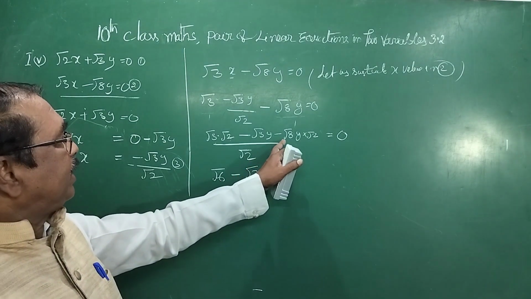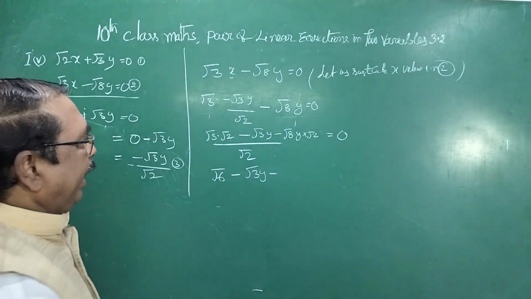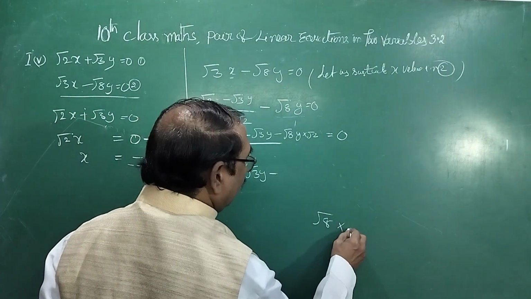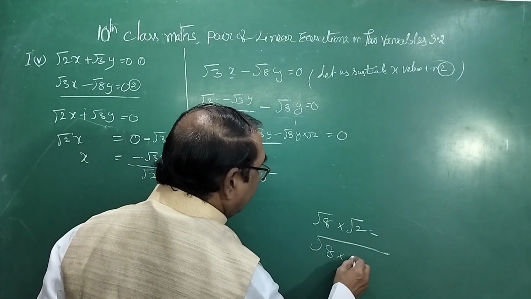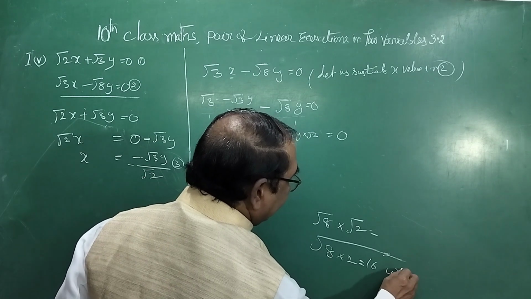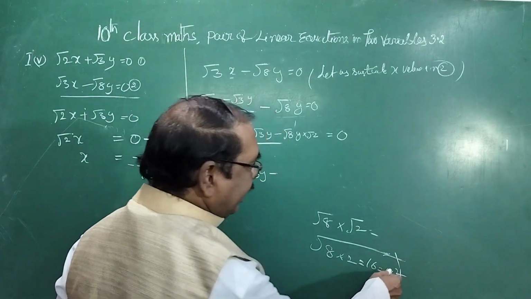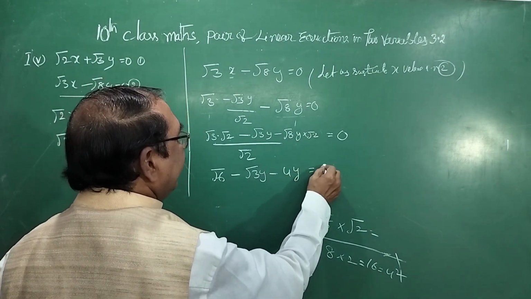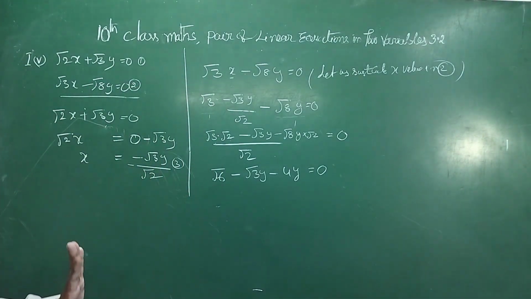Here we have to multiply root 8 into root 2. Root 8 into root 2, that is root 16. 16 is 4 squared, and the square and root cancel, so 4 remains. We can write 4y is equal to 0.